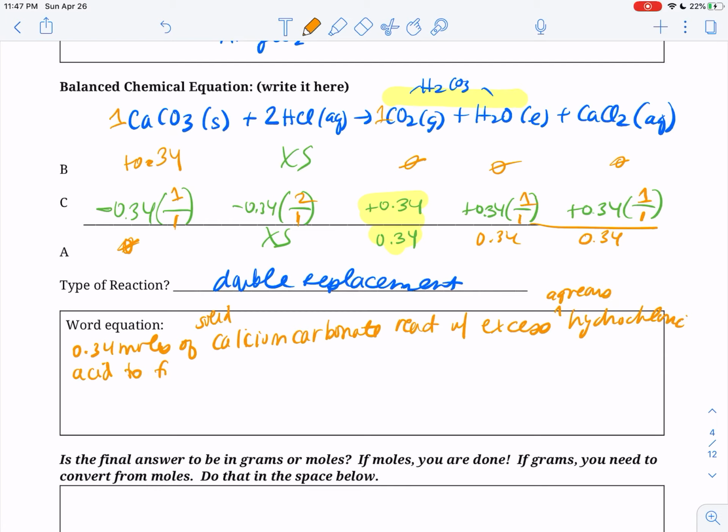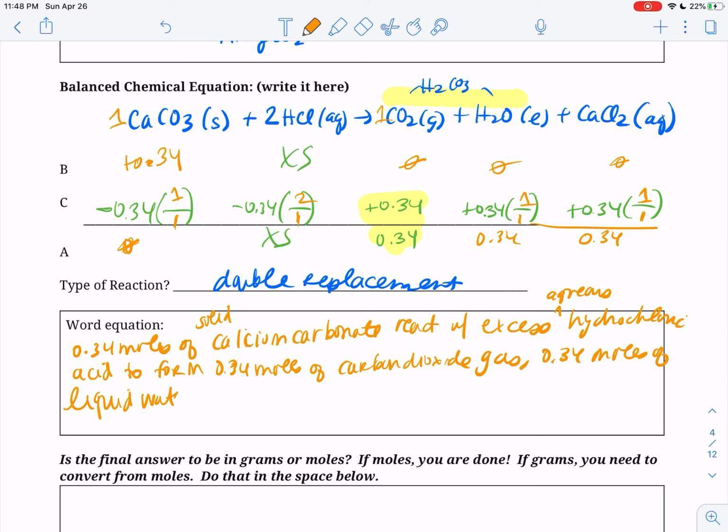All right, to form 0.34 moles of carbon dioxide gas, 0.34 moles of liquid water, and 0.34, how boring is this, moles of aqueous calcium chloride. Okay. All right, good.